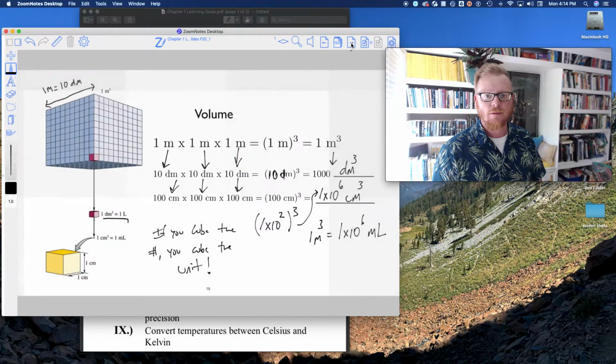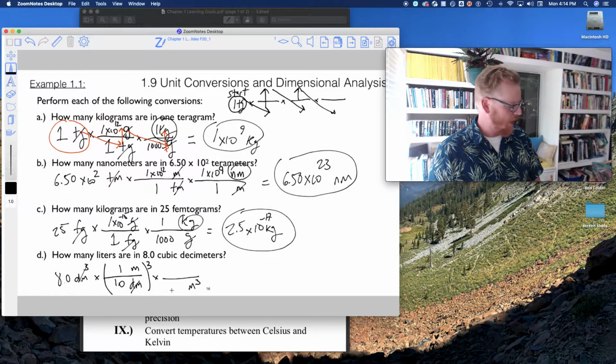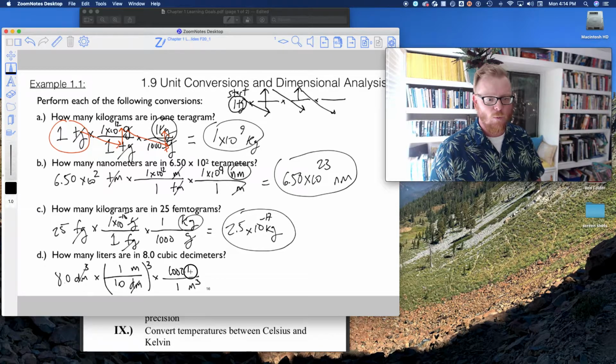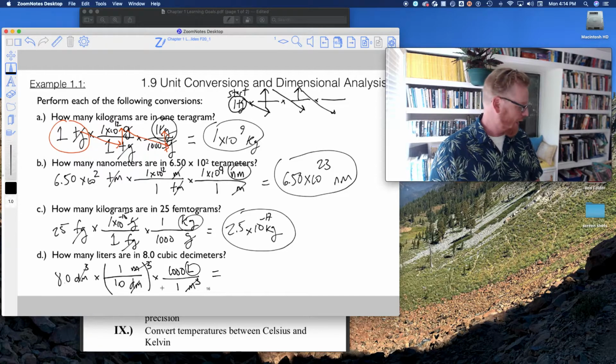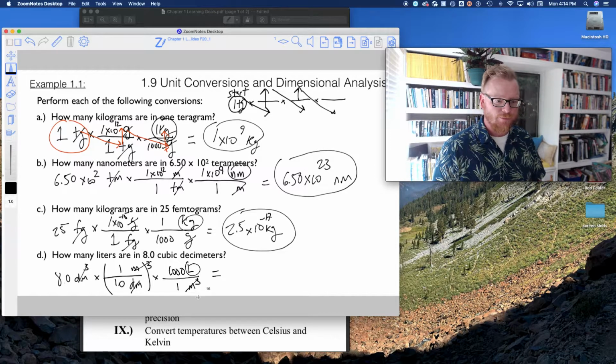So my cubic meter and my cubic meter are canceled, and I'm left with liters, and I can calculate all the way through.